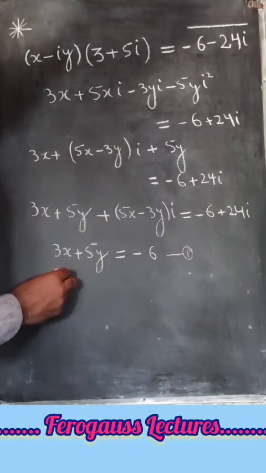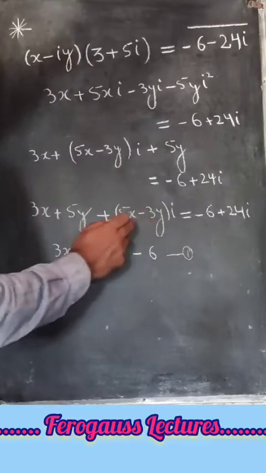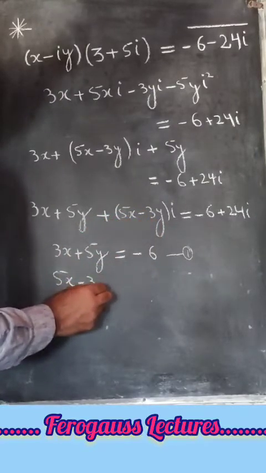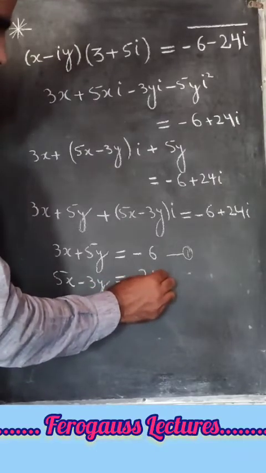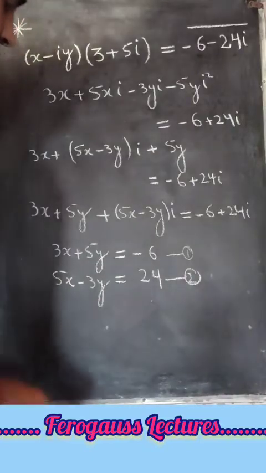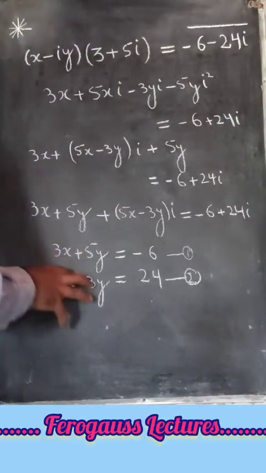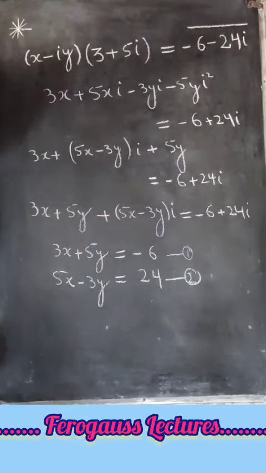Also we have imaginary part, 5x minus 3y, is equal to 24. This is equation second. Now to find x and y, we have to solve these two equations. Let us solve these equations by elimination method.